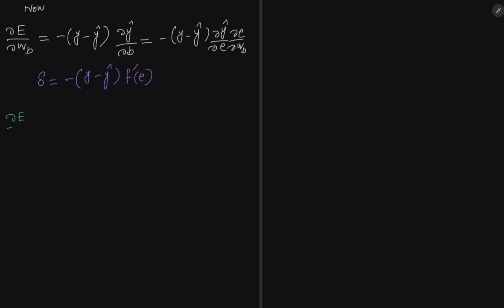Partial e by partial wb is equal to w f dash, which is partial e by partial wb, and that will be equal to delta, and we are calling partial e by partial wb with xj. Okay, that's what we have done until now. We just differentiated the error.